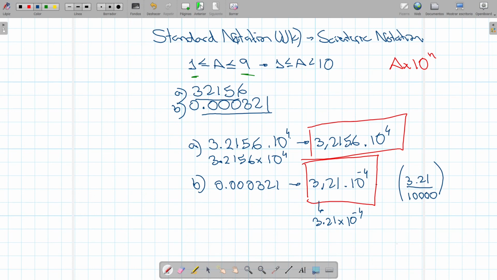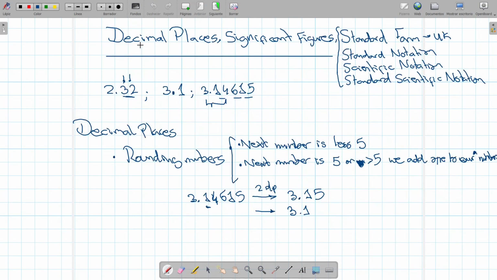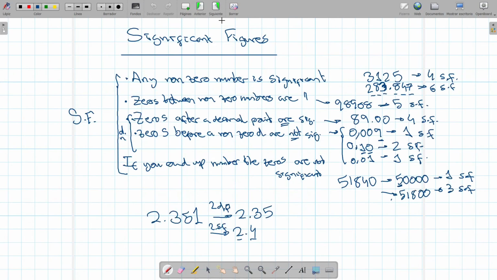Okay, so I think after this video, you should understand the difference between the number of decimal places and how to round up. And if we don't need to approximate something around it to 1, 2, 3, 4 decimal places. What are significant figures?